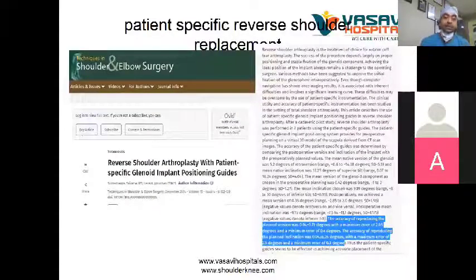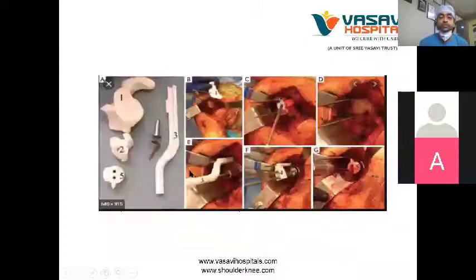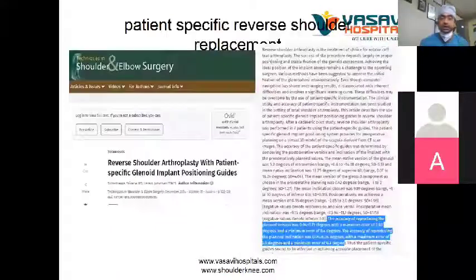And I am very proud to say that I was a part of the first series of a patient-specific implant. You can see here that we could reproduce the intraoperative planning post-operatively to within 0.5 to 1 degrees. We've been doing more and more of these, and we are trying to get better with this.